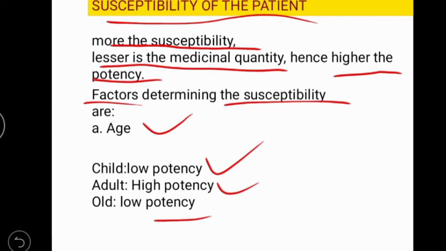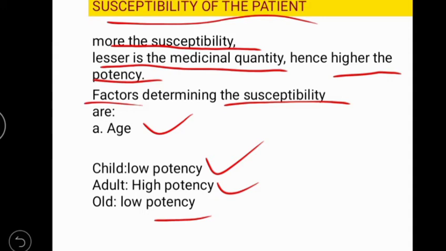But in adults we give high potency. High potency means more susceptibility. So you may have confusion about what is written, but you should remember that age alone is not a factor to determine a dose. There are many factors which we come across one by one.